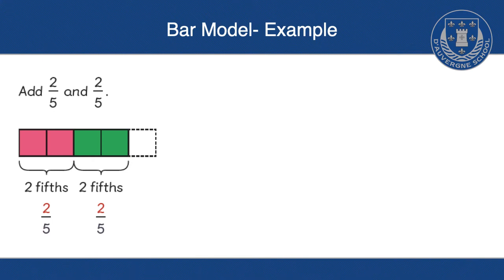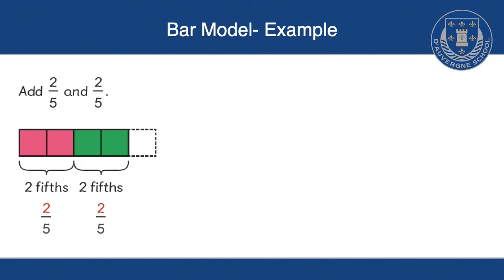Now if we're to look at another question and show how we can use the bar model and draw it, we can do this. So it says add 2/5 and 2/5, okay? And if you notice, there is 2 squares coloured in pink, another 2 squares coloured in green. So the first 2 is the first 2/5, and then you've got the next 2/5.